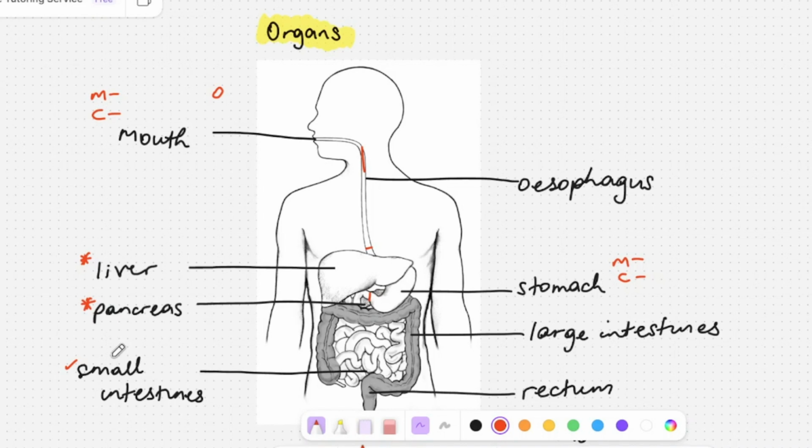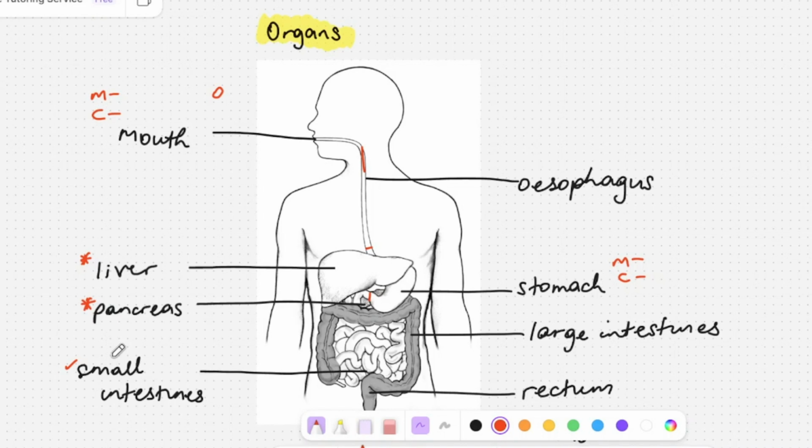You have the end of digestion, meaning that the food is broken down into small enough particles that can now be the second process, absorption. So it can be absorbed into your blood from the lumen, which is the space within your small intestines.